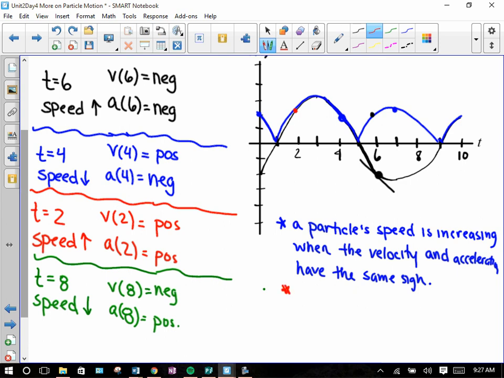Second thing we have is, a particle's speed is decreasing when what?